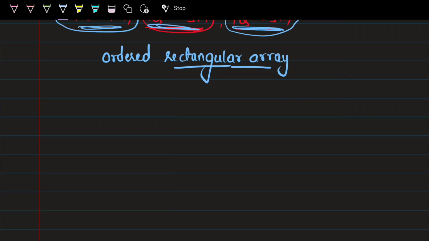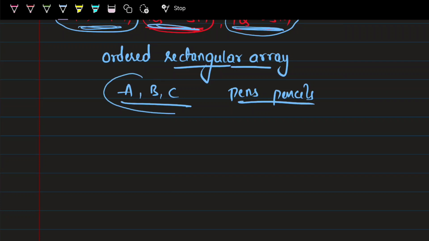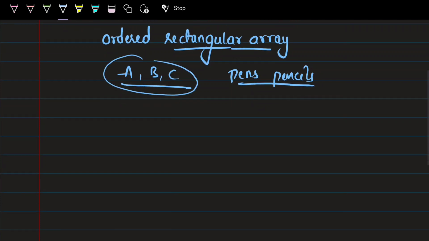For example, suppose that I have got 3 people, A, B and C, and they went to a store to buy some pens as well as the pencils. Now I will ask you to represent this data systematically, that how many pens and pencils that A, B, C have got. So what will you do?